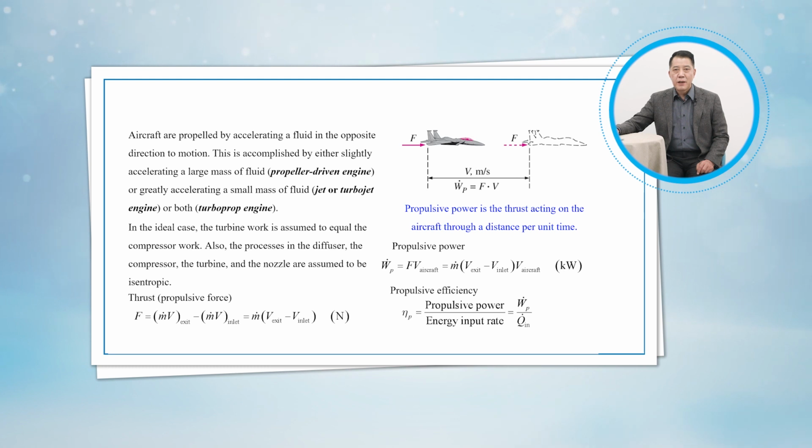The net work developed by a turbojet engine is zero. Thus, we cannot define the efficiency of a turbojet engine in the same way as stationary gas turbine engines. Instead, we should use the general definition of efficiency, which is the ratio of the desired output to the required input.